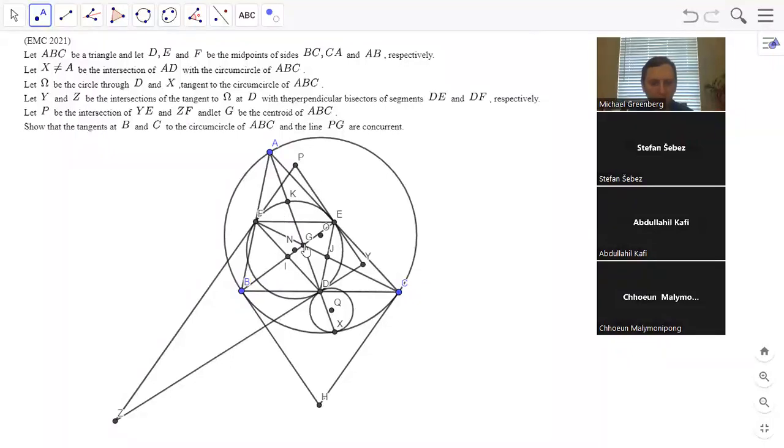Oh, but a homothety at G takes DEKF to ABXC. Interesting. So what does that homothety do to circle ABC?